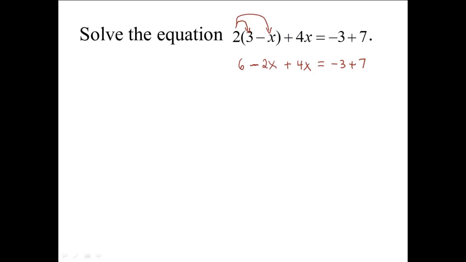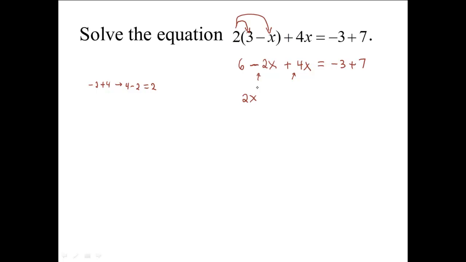On each side of the equal sign, we will look for like terms. We have x terms right here. The coefficient here is -2. The coefficient here is plus 4. And -2 plus 4, same thing as 4 minus 2, is 2. So we have 2x terms added together, giving us another x term.